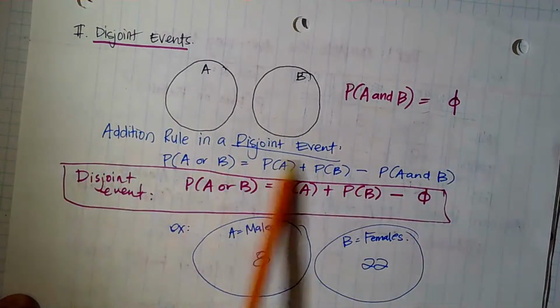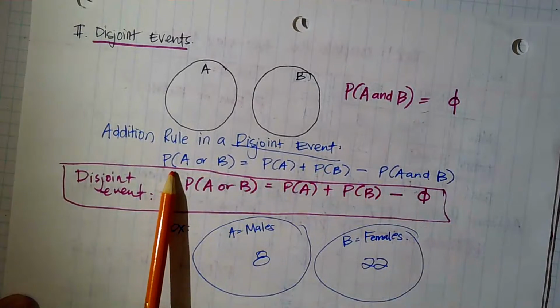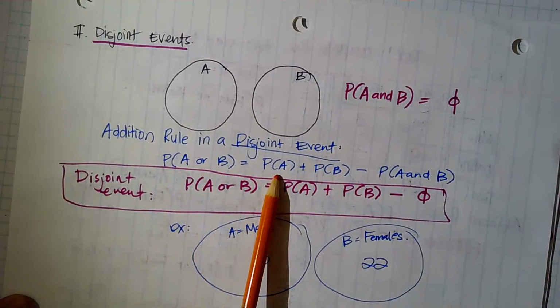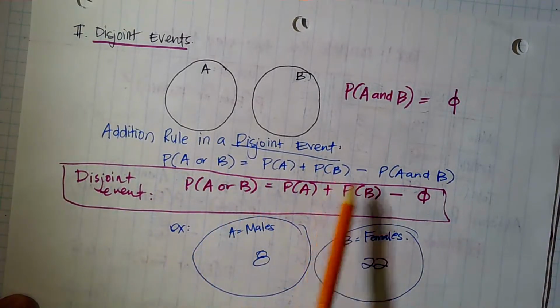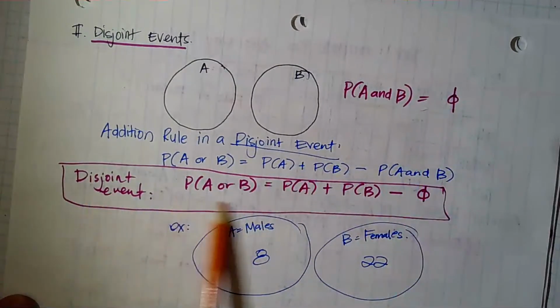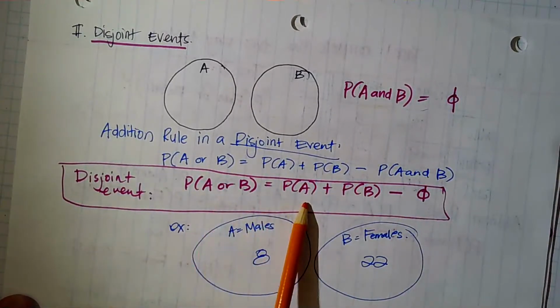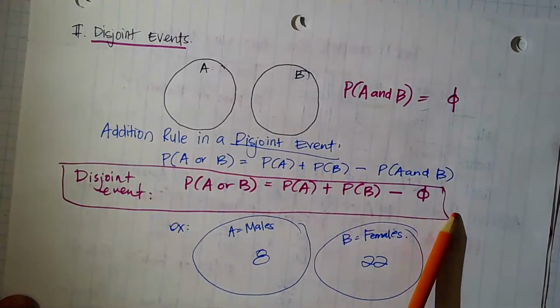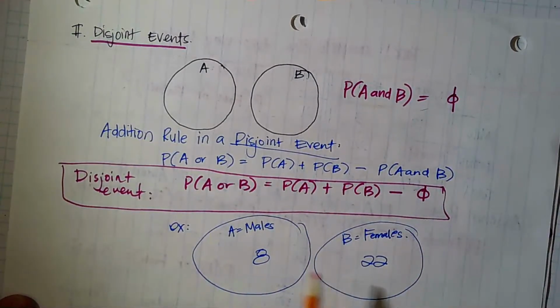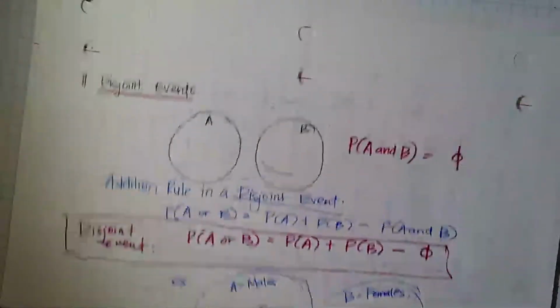The addition rule is P of A or B equals the probability of A plus the probability of B minus that overlap. But since the overlap is nothing, my formula for the addition rule of a disjoint event is the probability of A plus the probability of B with nothing else. There's no overlap to carry on, so it's just the sum of the probability of A and the probability of B.